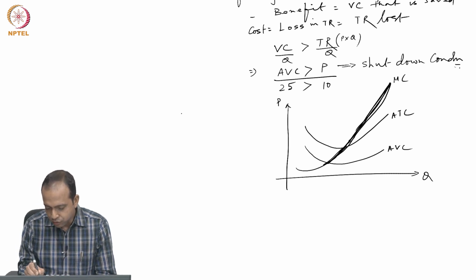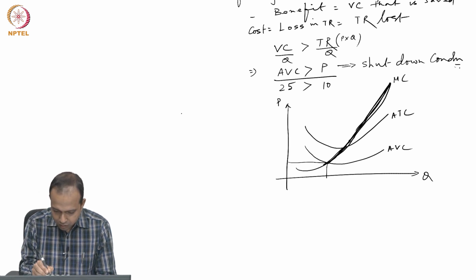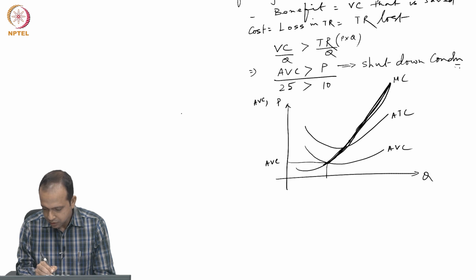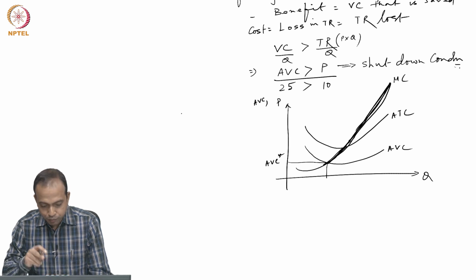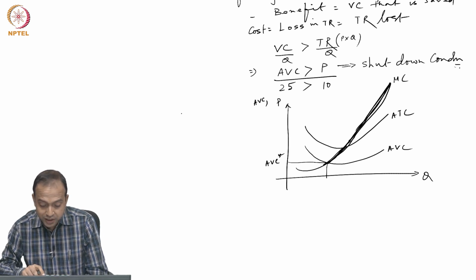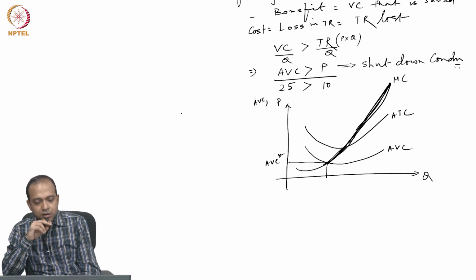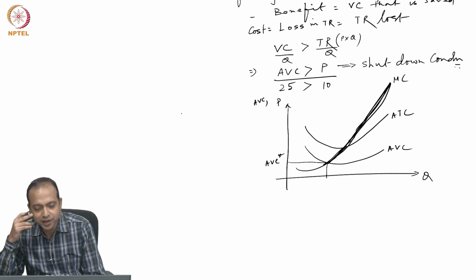Okay. So, let us say this is AVC, also you are measuring, let us say this is AVC star. So, price should always be more than this AVC, then only the farmer would be able to supply.